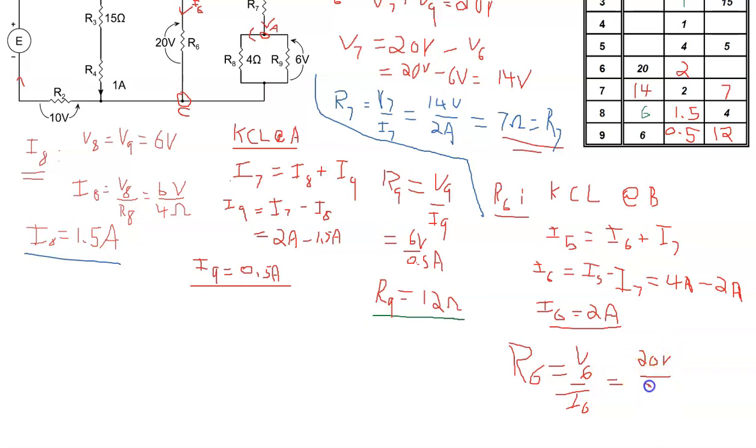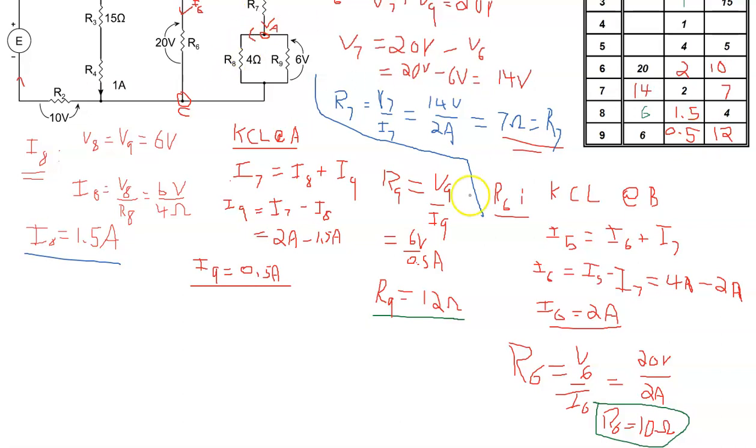And now we know we have 2 amps going through there. And so R6 then is 10 ohms. And let's put that 10 in our VIR chart here.